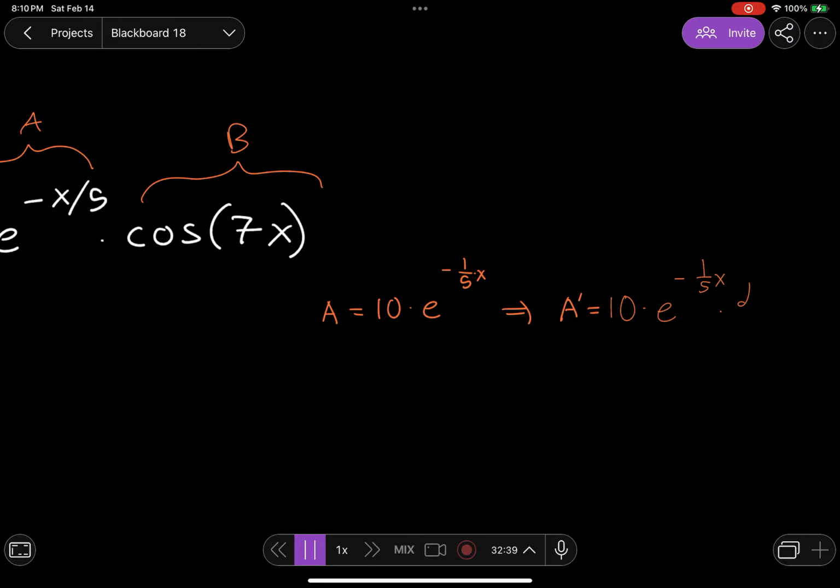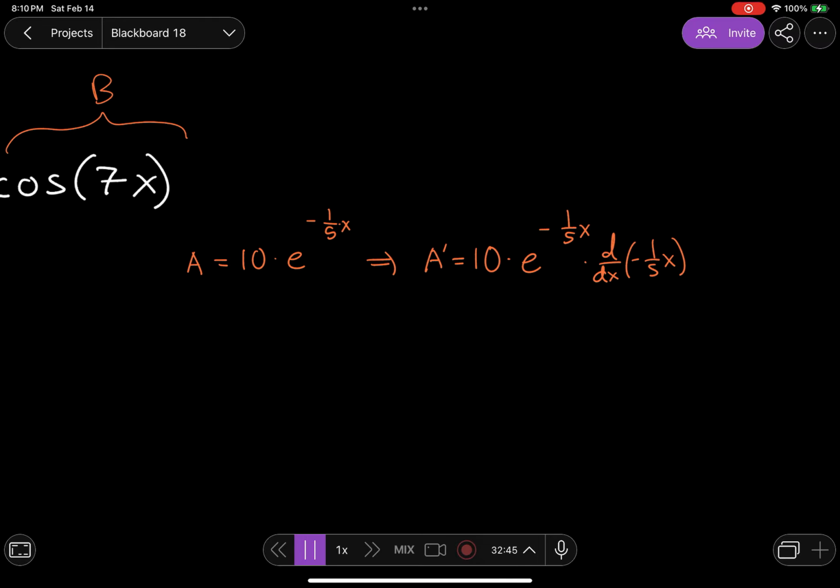Then I have to multiply by the derivative with respect to x of negative 1/5 x. All right. But that is the same thing as, so 10 times, this is just negative 1/5. So 10 times negative 1/5 is negative 2 e to the negative 1/5 x. All right. So that all simplifies to just that.